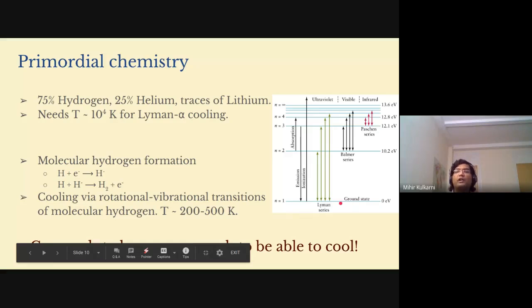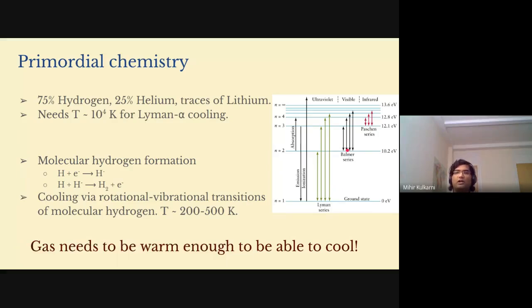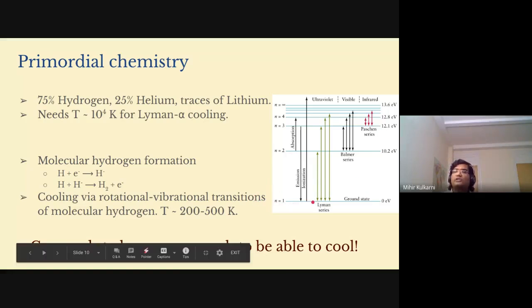In that scenario, it cannot really cool, because for gas to cool, it has to be collisionally excited to the Lyman alpha transition or any other higher levels, and then it can emit radiation and come back to the ground state, and in that way it can cool radiatively. But for that to happen, the gas needs to have a temperature of at least 10 to the 4 Kelvin. If the gas does not have that temperature, it would just stay in the ground state at the same temperature and would not be able to cool.